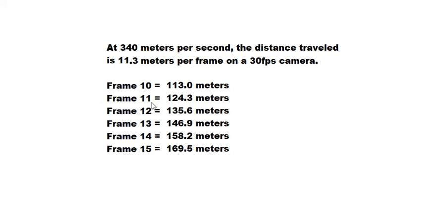If you notice frame 11, 124.3 meters based on a 30 frame per second camera, because each frame it moves 11.3 meters. Frame 12, 135. So we're definitely in the ballpark of 340. I think that's a fairly accurate measurement.